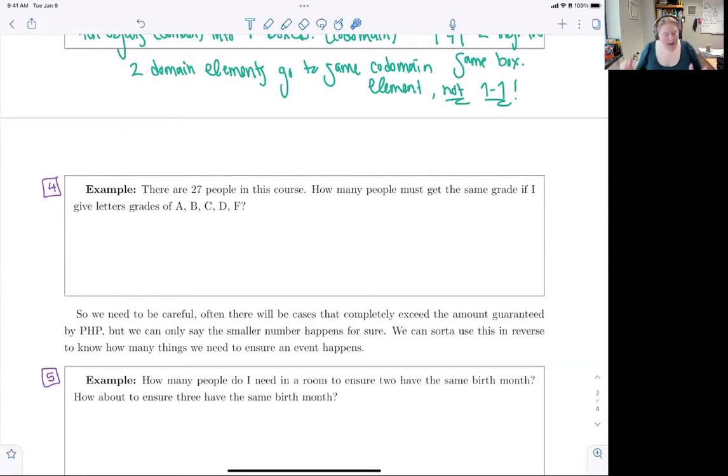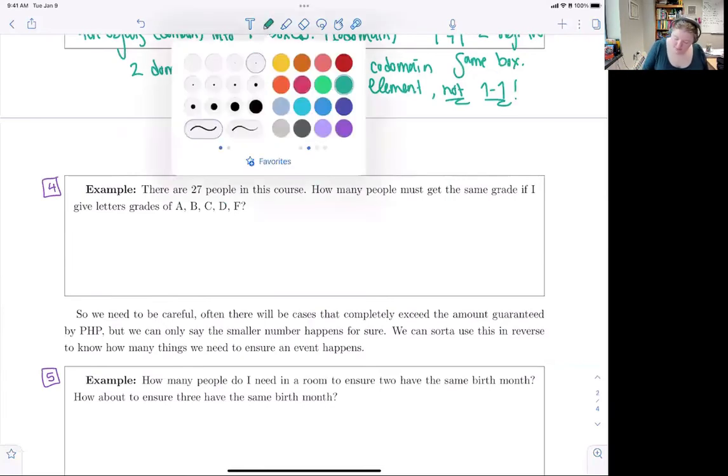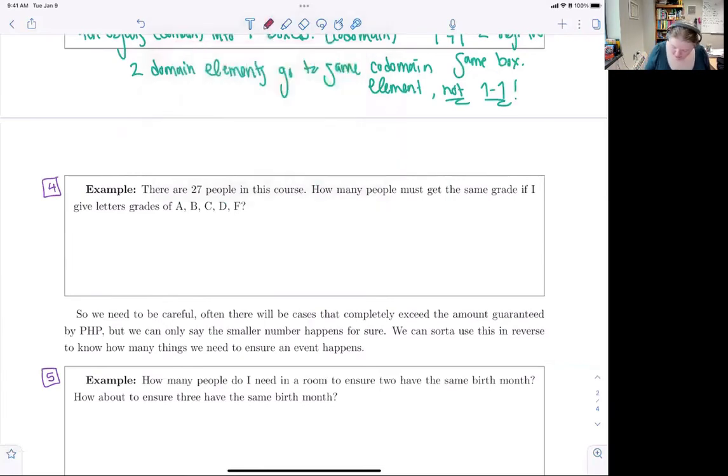Well, again, highly recommended trying to figure out how we are distributing these objects into boxes and what each one is in each case. So I say, all right, what are the objects? What are the boxes? Now you can think of this as a mapping problem, like we did before, in that students get mapped to their grade.